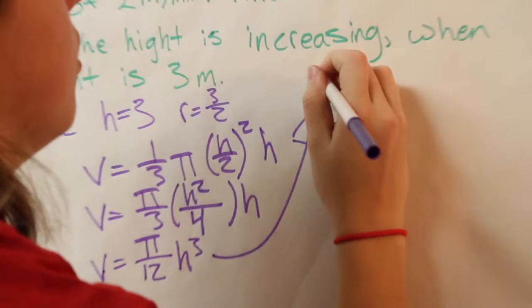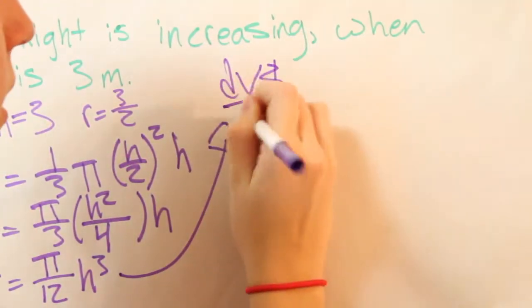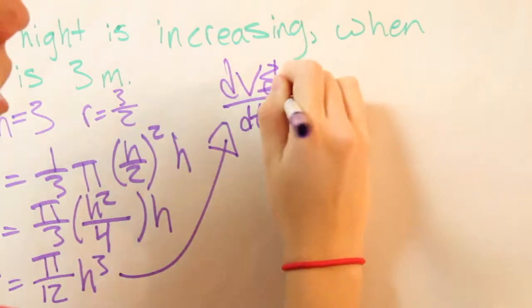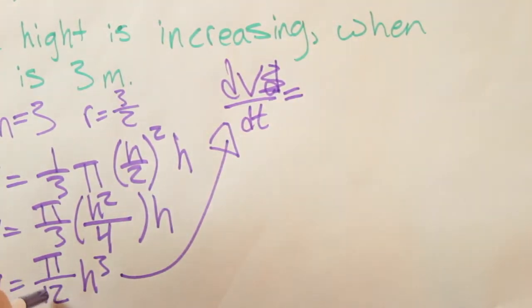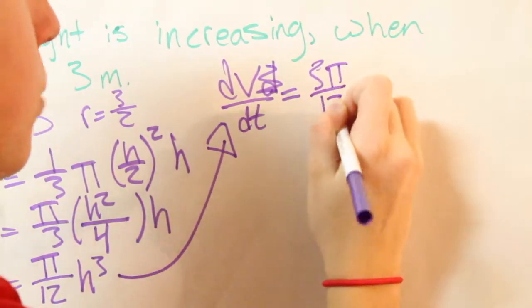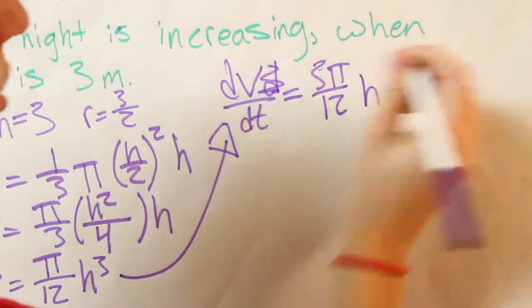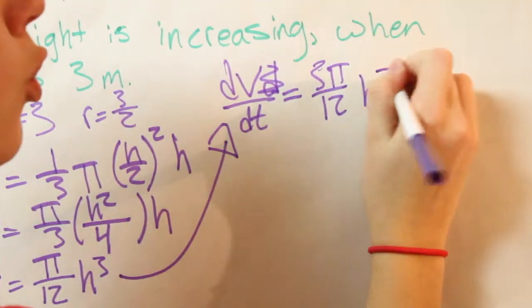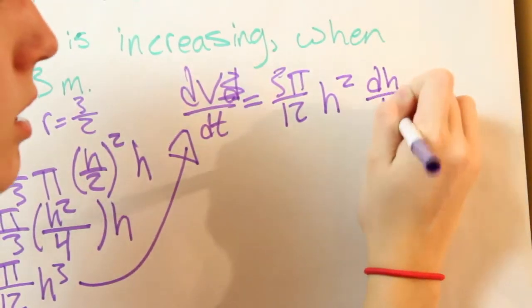Anyways, so dV/dt is equal to 3 times the coefficient in front, so 3 pi over 12, and then h to the 3 minus 1, which is 2, times dh/dt.